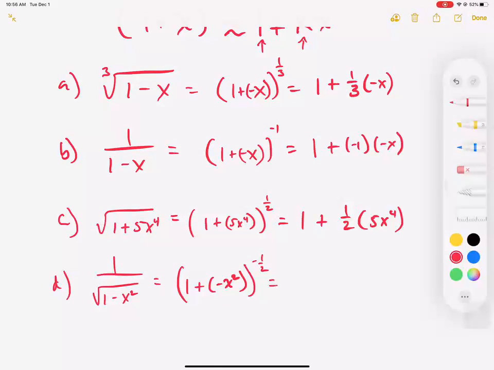And then if I want to rewrite the model, it is 1 plus negative 1/2 times negative x squared.